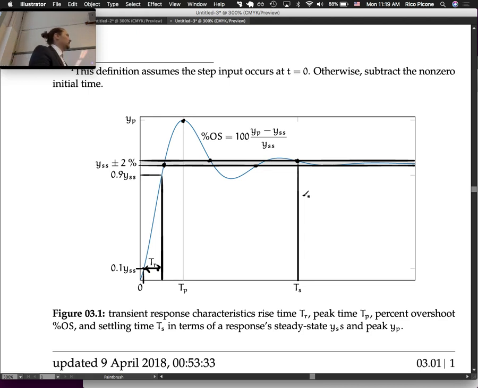And the percent overshoot is, it depends on the system. Sometimes we care about percent overshoot. It's very much related to the damping. But percent overshoot is a really important performance measure, especially if you're dealing with something where it would be bad for it to go over its final value.